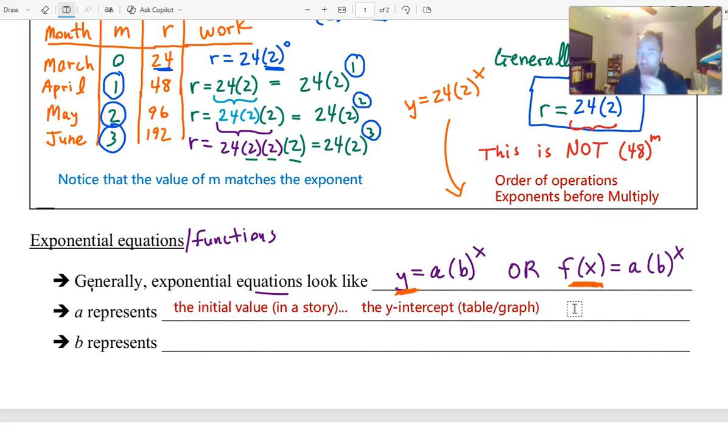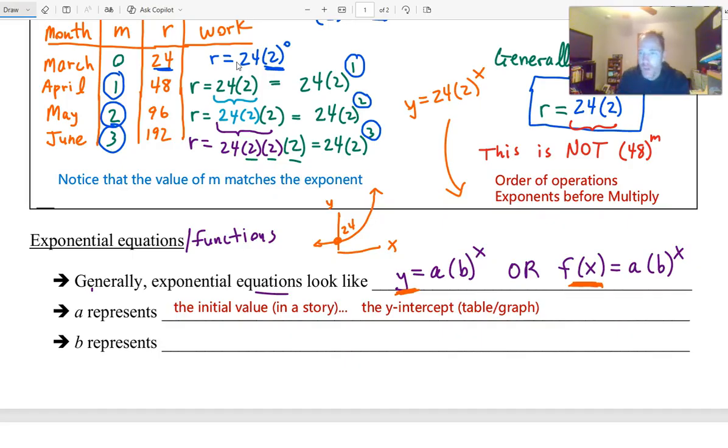We'll graph the points from a table, and I'll just sketch it here real quick. The graph for this would look like, whoops, that's a very rough sketch. It would kind of look like this. Remember, those rabbits are going to increase really quick. But this point right here, that would be the 24, the point where we cross the y-axis.